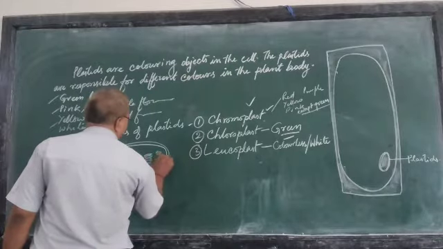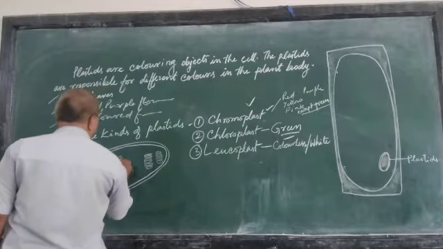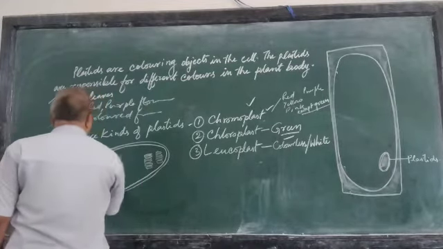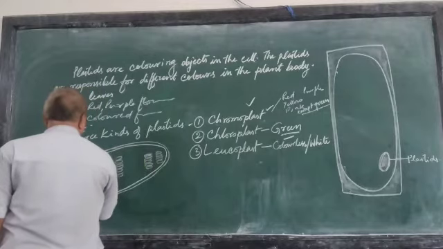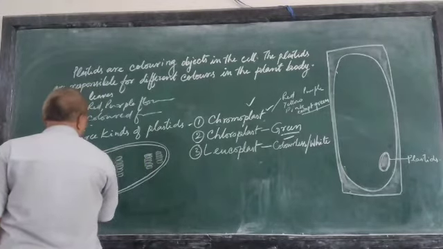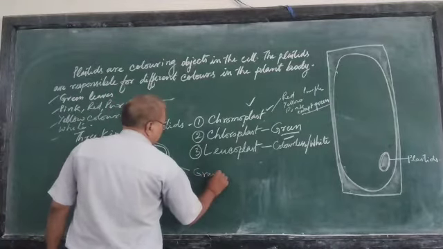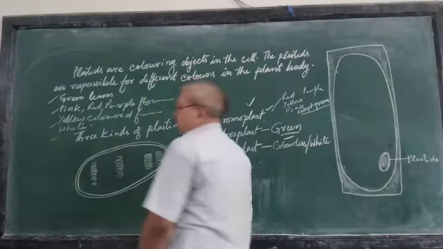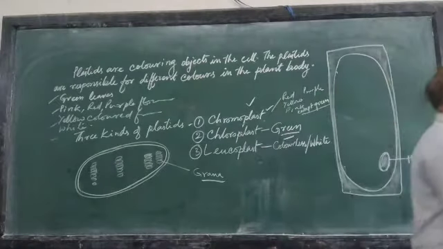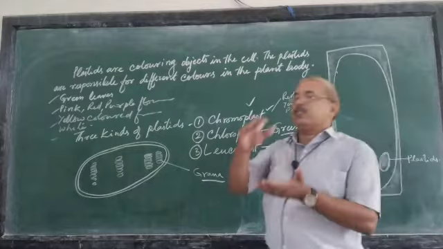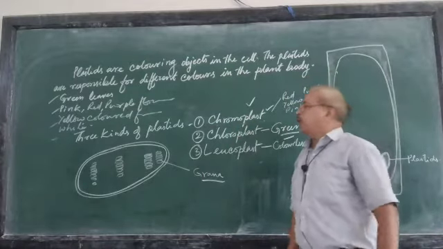In a marriage party, you have seen plates arranged one above the other. Like these objects, this part called grana is arranged. This structure is called grana.